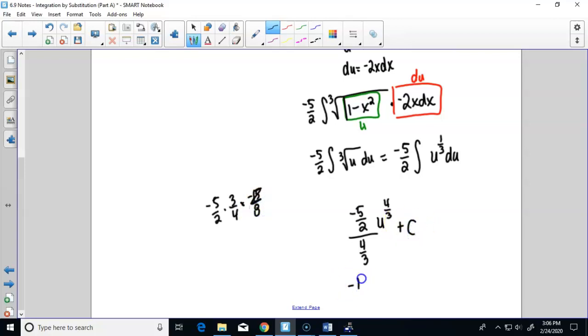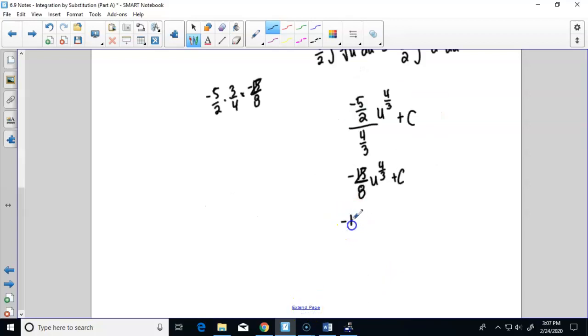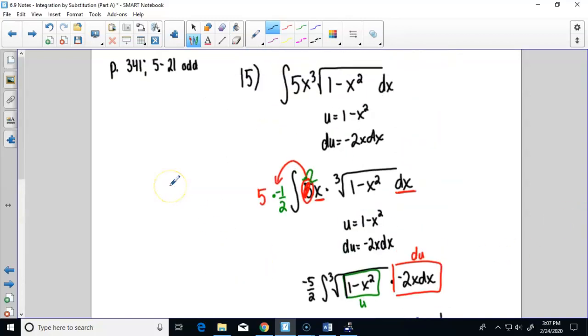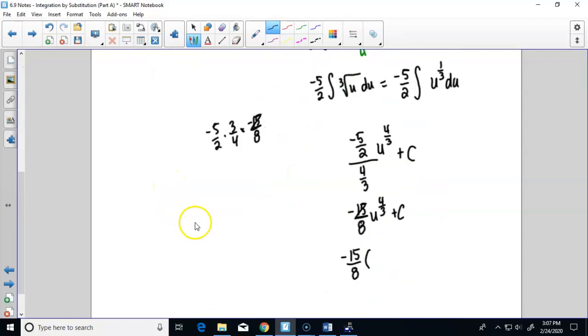So I get negative 15/8 u to the 4/3 plus c. And that's going to be negative 15/8 times, I forgot what the u was now. What was it? 1 minus x squared. So 1 minus x squared to the 4/3 plus c. And let me make sure that's what they leave the answer as here. Yeah, they leave it like that.